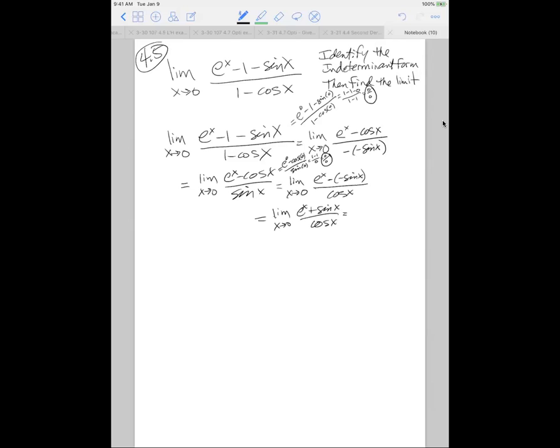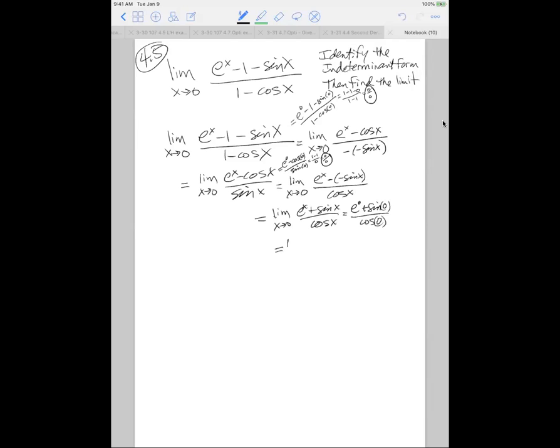Now I plug in 0 again, and I get e to the 0 plus sine of 0 over cos 0. I can see that cos 0 is going to be 1, so it's going to stop here. It's either going to be an answer or it doesn't exist, because I get an answer on the bottom. Let's see what we get.